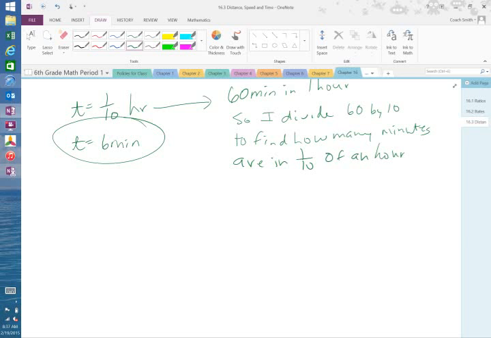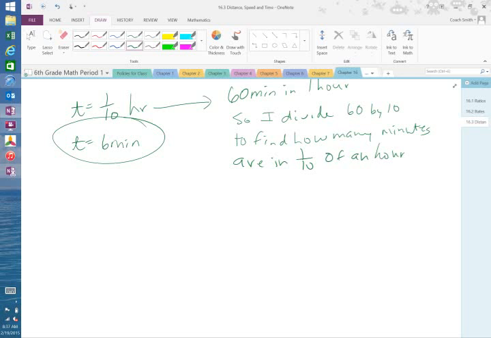No, good guess. 18. Because if 1/10 is equal to 6 minutes, I have 1/10, 2/10, 3/10: 6 minutes, 12 minutes, 18 minutes. So 3/10 of an hour would be 18 minutes.